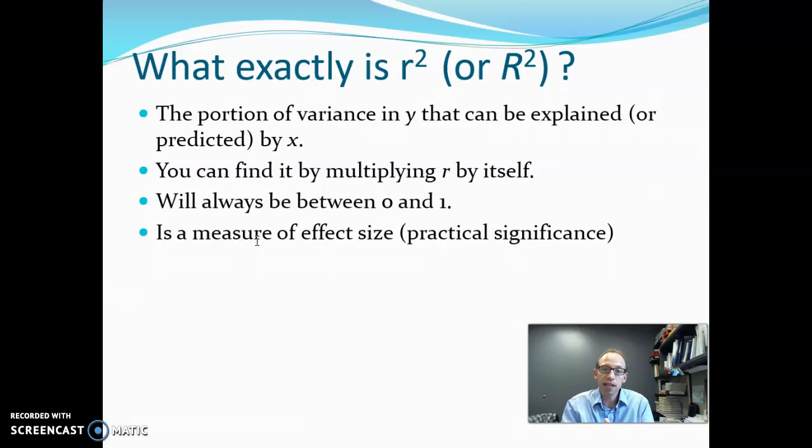But it's something that backs up what's called statistical significance. Statistical significance is whether or not we think there's some effect or some impact or some difference. Practical significance is more about how much is that difference or how meaningful is that difference. So it turns out to be a very important measurement. So R squared is a measure of effect size.